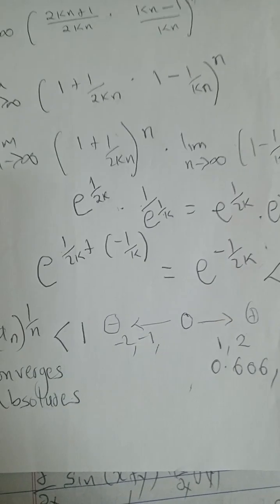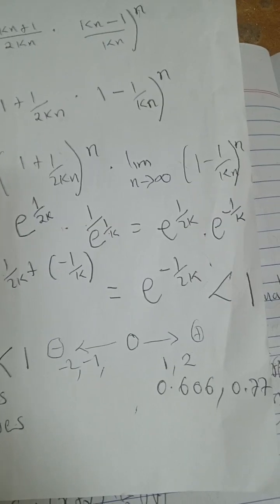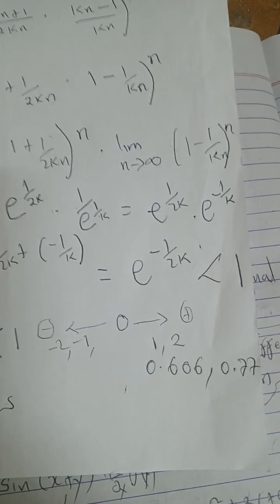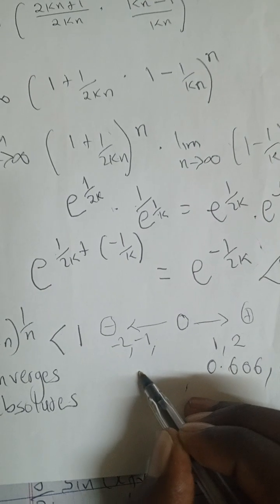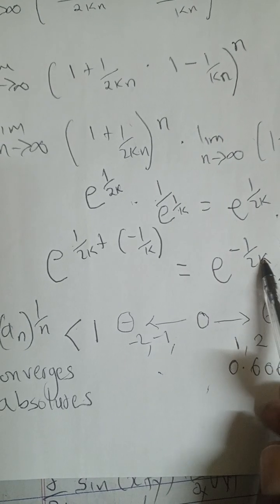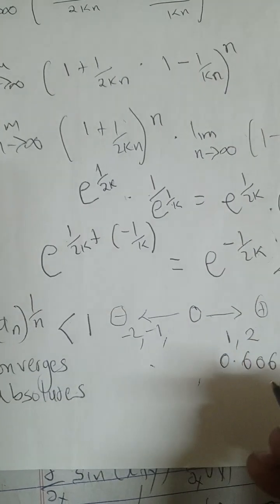Now, I have to see for this side. What if I plug in -1? I'm going to have e raised to the power positive half instead of -half, because if I plug in -1, it's going to make this thing positive.